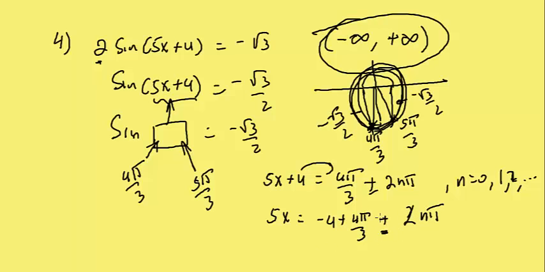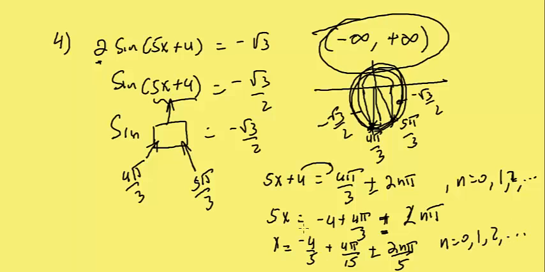I still have the 5 to get rid of, so I'm going to divide everything by 5. I get x equal to negative 4 over 5 plus 4 pi over 15 plus or minus 2n pi over 5, and n is equal to 0, 1, 2, and so on. And that is one of my solutions.